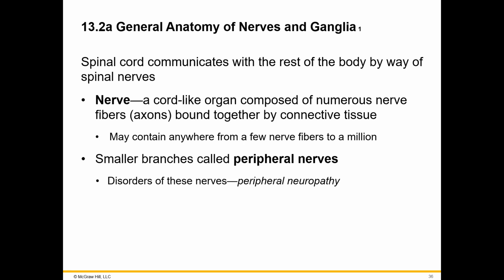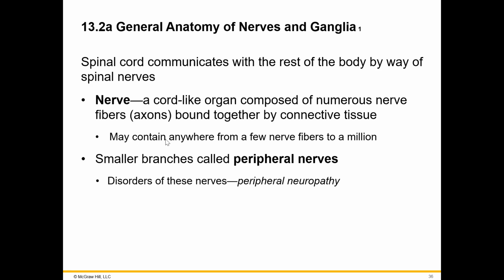A nerve is a cord-like organ composed of numerous nerve fibers, axons, bound together by connective tissue.